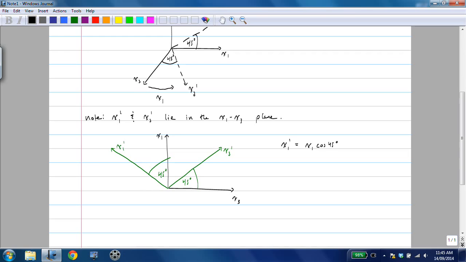So we will have negative x3, and when we take the cosine of this, we'll get the horizontal component for our x1 prime.